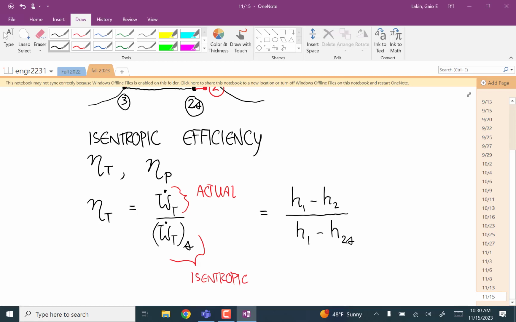So you'll have to be given, you can't calculate this. We'll be given that isentropic efficiency, or we'll be given something about those enthalpies. But for the most part, it'll say like, okay, 90% isentropic efficiency in the turbine. You'll use that to calculate the true H2.